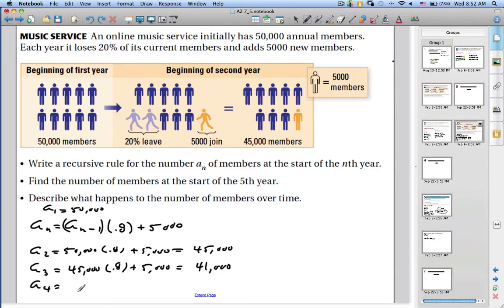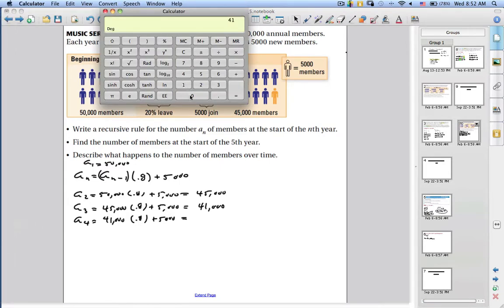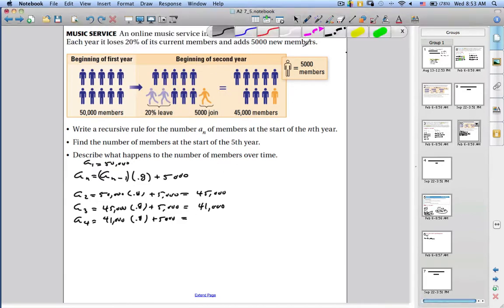A sub 4 is going to be my 41,000 times 0.8 plus 5,000. Now I'm going to have to pull out a calculator. So let me get my calculator. So I'll have 41,000 times 0.8 is 32. Oops, I wrote too big a number, didn't I? So 41,000 times 0.8 is 32.8 plus 5,000, 37.8.